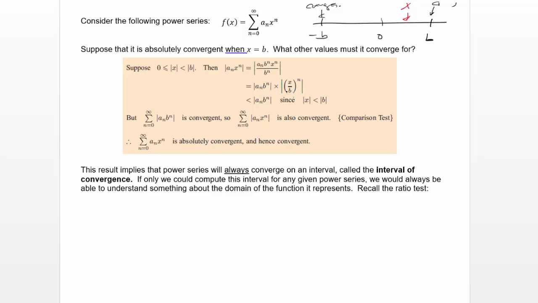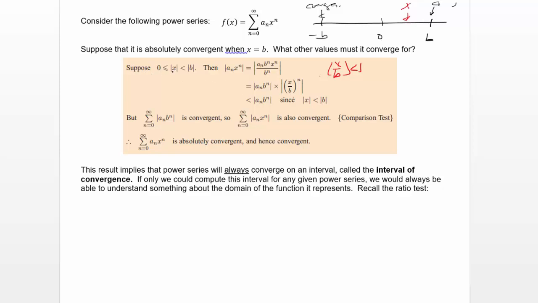Well, x divided by b, since I chose an x specifically that is smaller than b, this term is less than 1. So if I take ever-growing powers of this, I'm going to be multiplying by smaller and smaller numbers, which means that this term, whatever this is, is definitely smaller than this a sub n b to the n, again because x is smaller than b.